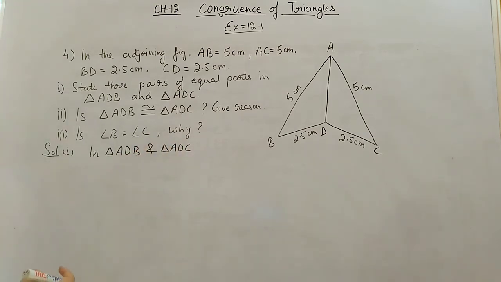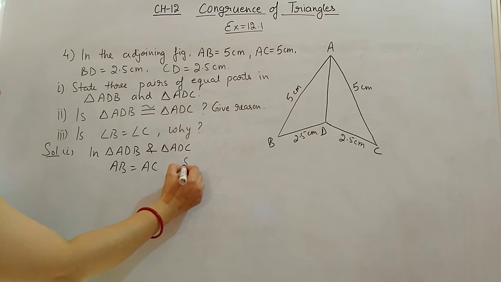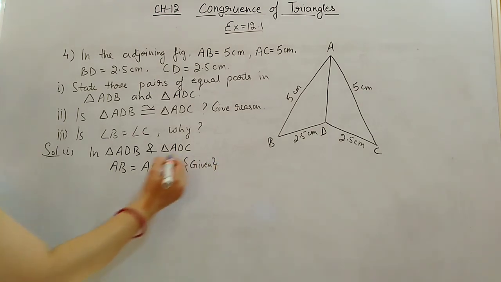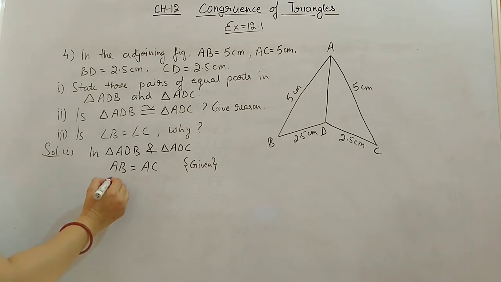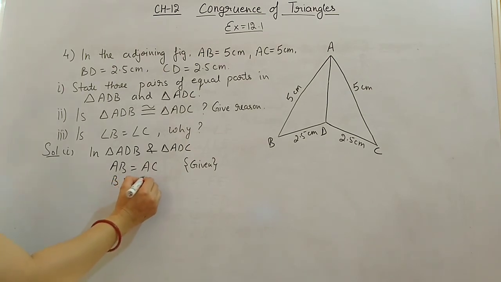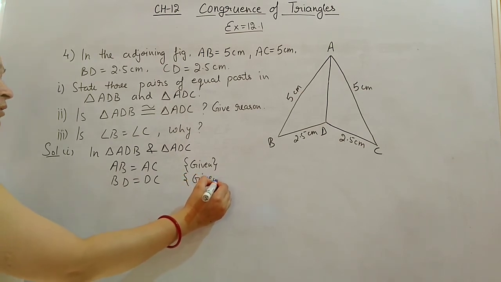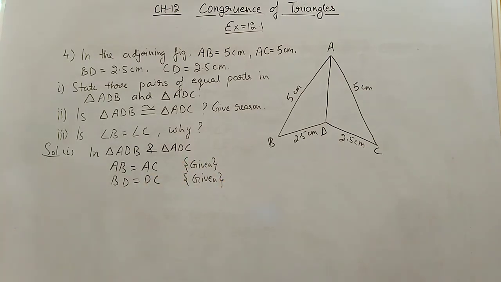We have to show the equal parts. So first you can see AB is equal to AC. What is the reason? It is given in the question. Both are 5 centimeter. Next, BD is equal to DC. This is also given in the question. Both are 2.5 centimeter.